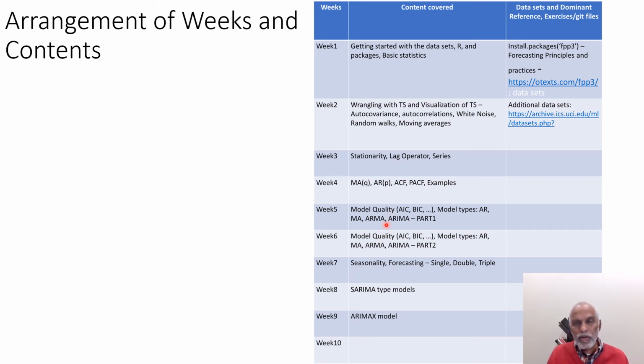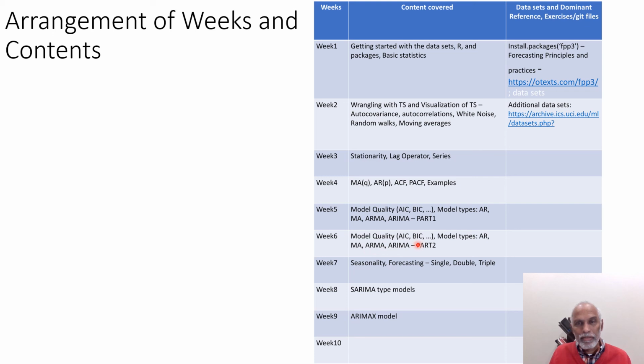And the following week we'll talk about model quality. How do we determine the goodness of a model using AIC and BIC, the Akaike information criterion and Bayesian information criterion. Model types, again we'll cover AR and MA models, autoregressive and moving average models, but also ARMA, a combined version of AR and MA, and then ARIMA, and stationarity applied to ARMA models.